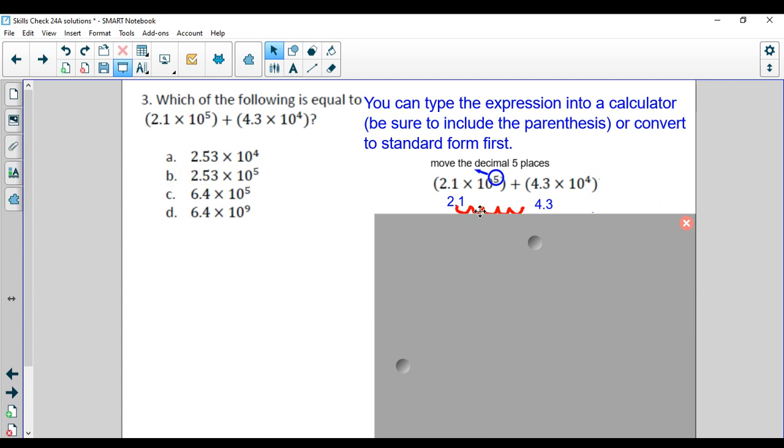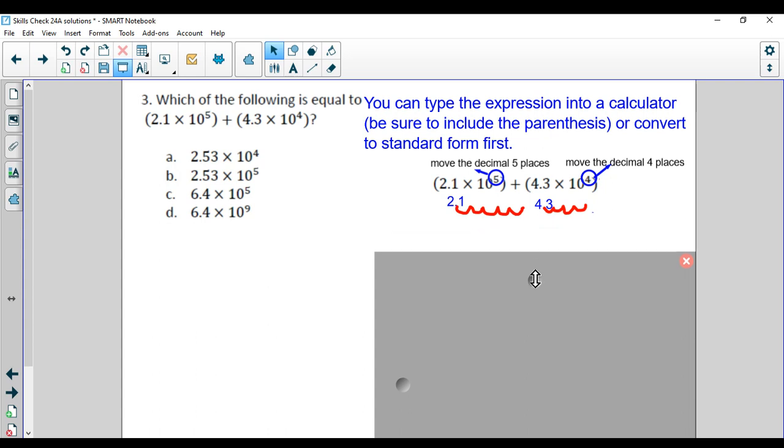Any loop that doesn't have anything in it is going to be filled with zeros. This 4 over here tells us that we're going to move the decimal point 4 places. So we have it between the 4 and the 3. We are going to move that 4 times over, so those are my 4 loops. Any blank loop is filled with zeros.